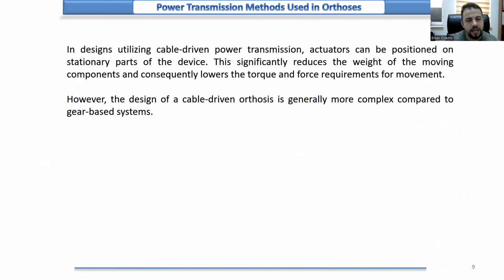In designs utilizing cable-driven power transmission, actuators can be positioned on the stationary parts of the device. This significantly reduces the weight of the moving components and consequently lowers the torque and force requirements for movement. However, the design of a cable-driven orthesis is generally more complex compared to the gear-based system.